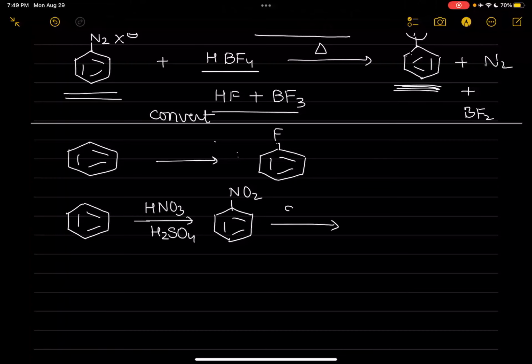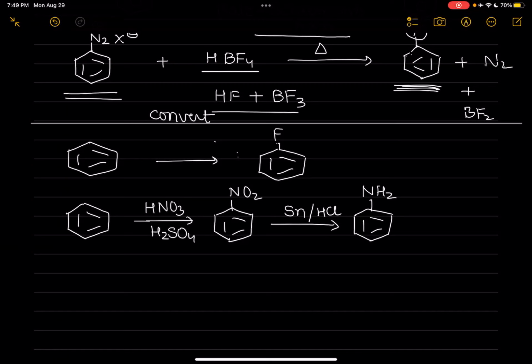Nitrobenzene is reduced by taking Sn and HCl. There are many ways to reduce. We will discuss it in a later chapter, but metals and acids are good reducing agents, tin and iron. So that will remove the oxygen and put hydrogen, NH2.